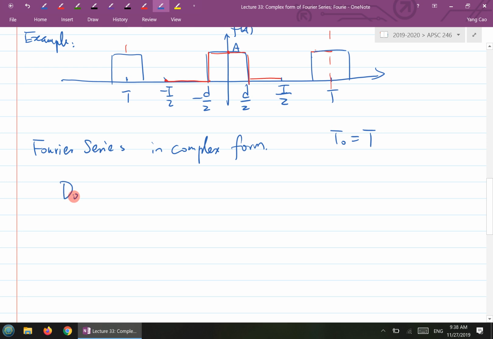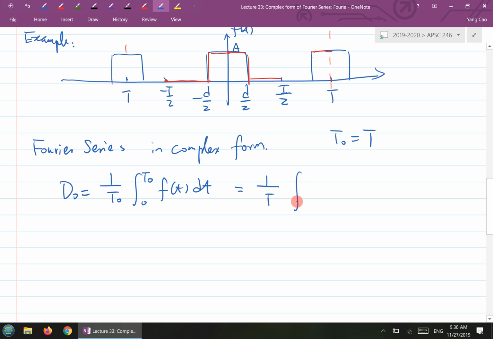Okay, first d naught. So d naught is 1 over t naught, the integral from 0 to t naught of f of t dt. T naught is t, so 1 over t.